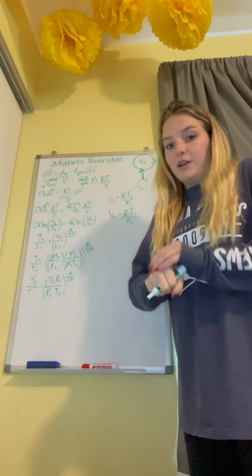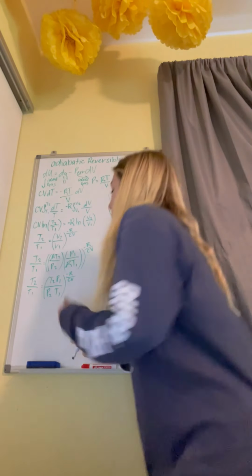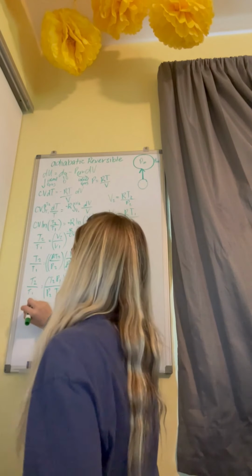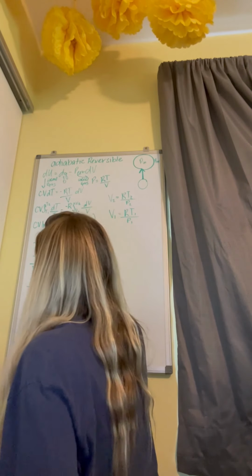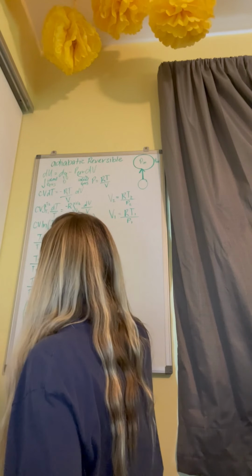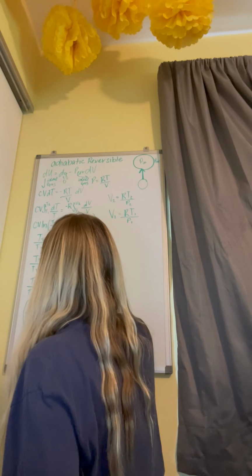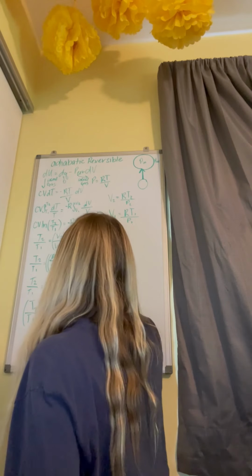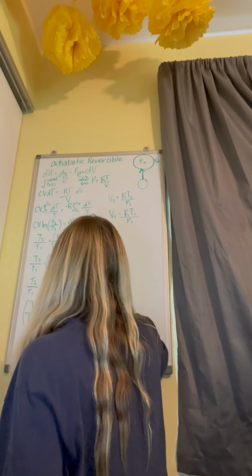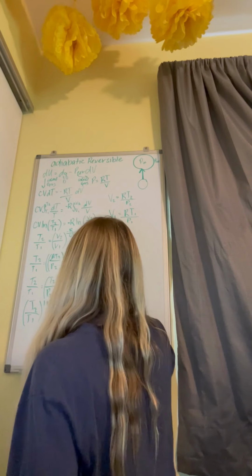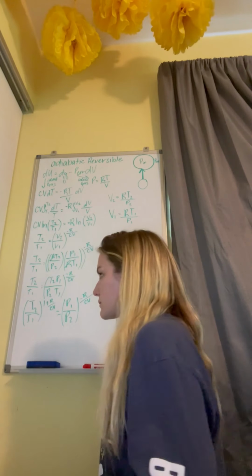So now we are going to combine these. We are going to get T2 divided by T1 to the power of 1 plus R over CV is equal to P1 divided by P2, and this is still just to the power of negative R divided by CV.